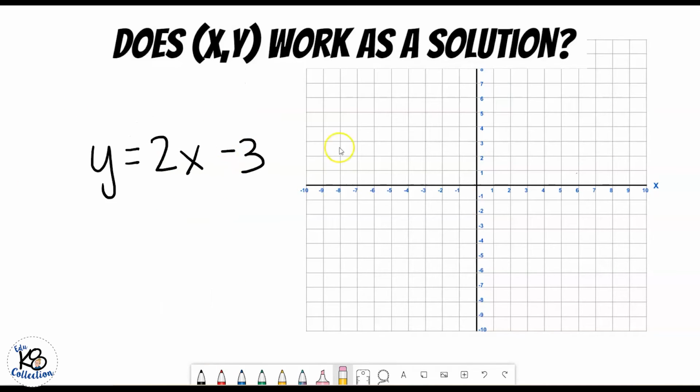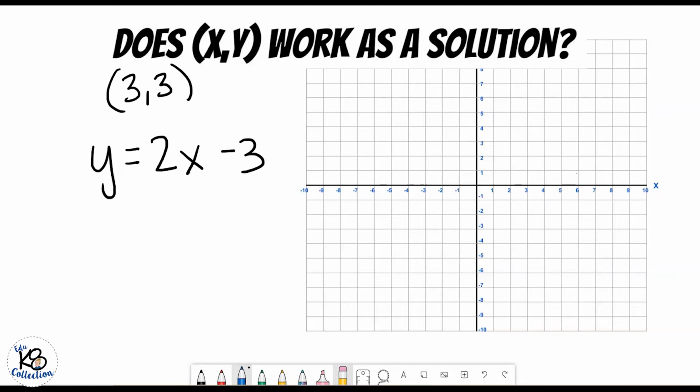I'm going to use the equation that I already had written, y equals 2x minus 3. With a problem like this, you will be given a coordinate point and asked if it is a solution. I'm going to use the example of the coordinate point (3, 3).